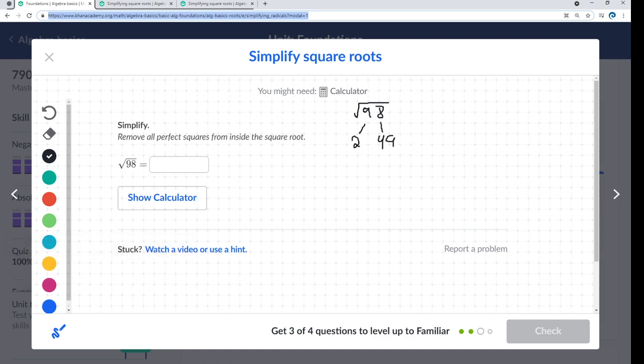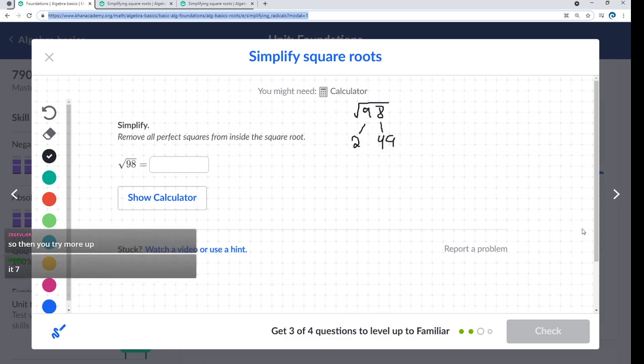No, it can't be 3 because 49 divided by 3 is 16.333, so that doesn't divide evenly. So we need some other. So I think it's just 2 and 49, right? I don't think we can break 49 down any further.